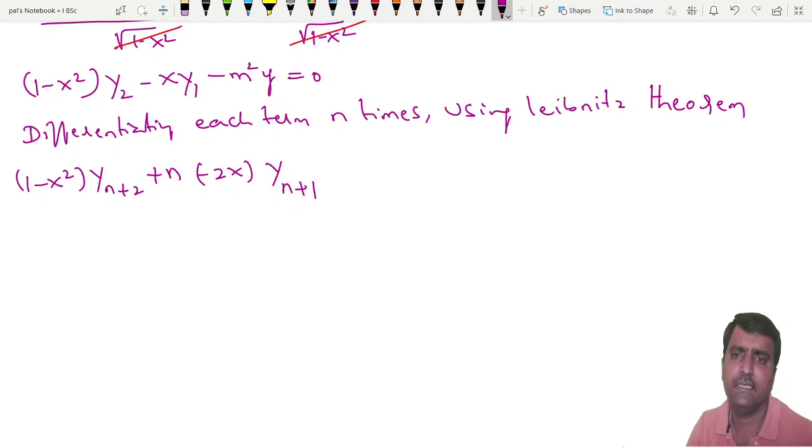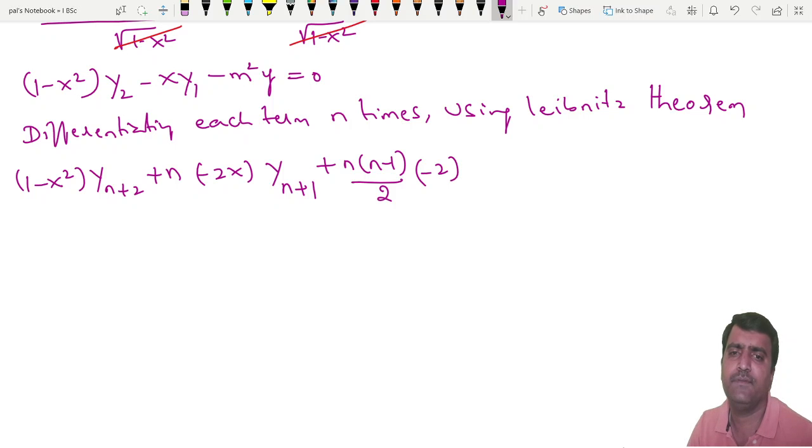That becomes yn plus 1. In next step plus n into n minus 1 by 2, this is because nC2 means n into n minus 1 by 2. Differentiation of minus 2x is minus 2.